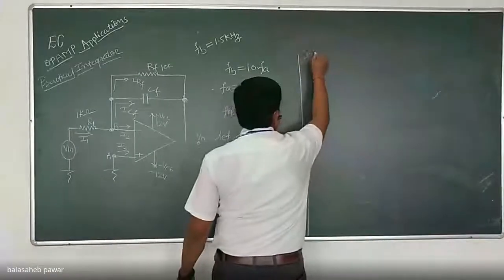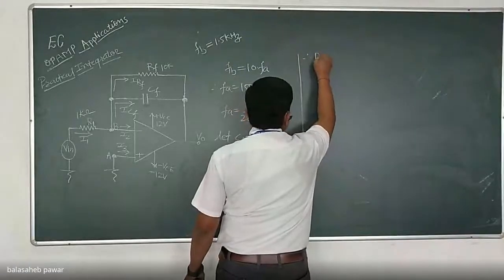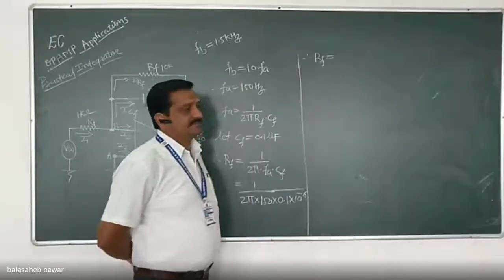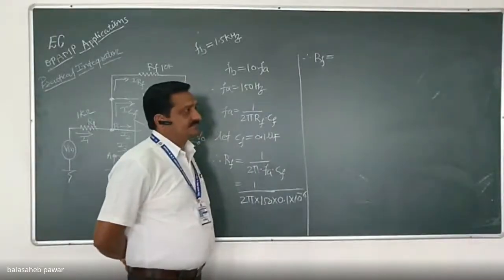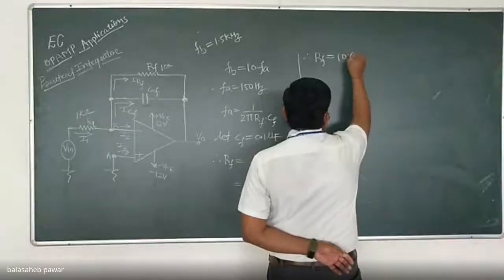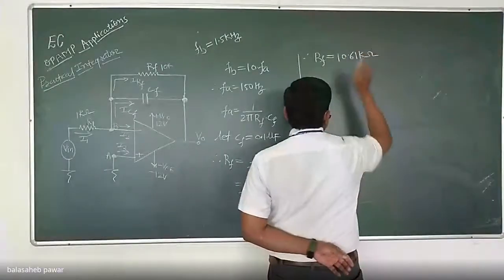Therefore, calculate the value of RF. It is 10.61 into 10 raised to 3, that is 10.61 kilo ohms.